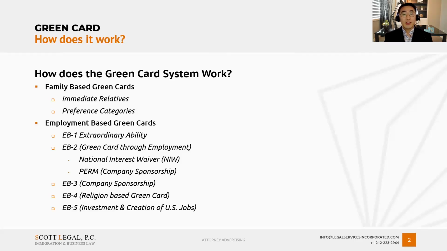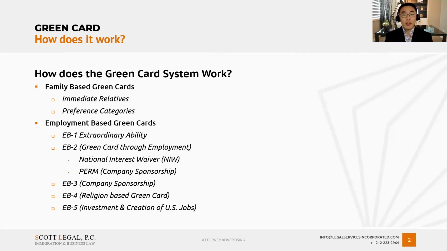Instead, there are several green card categories that you have to pick and choose and apply for one based on your personal eligibility. So for example, even if you live in the United States for 10 years with your TN visa or E2 visa, it does not automatically lead to a green card or give you any eligibility based on how many years you have been living in the United States.